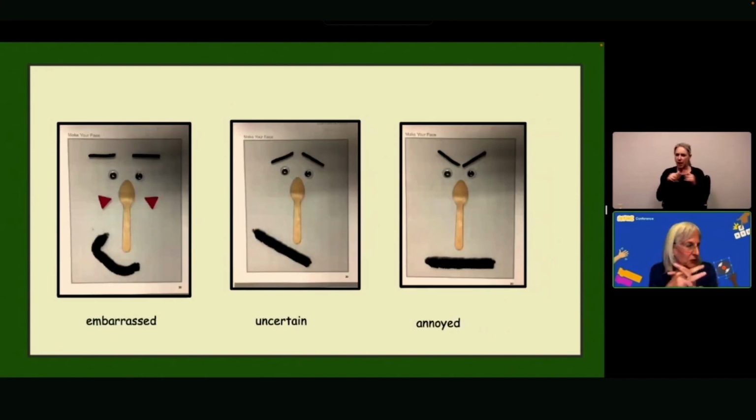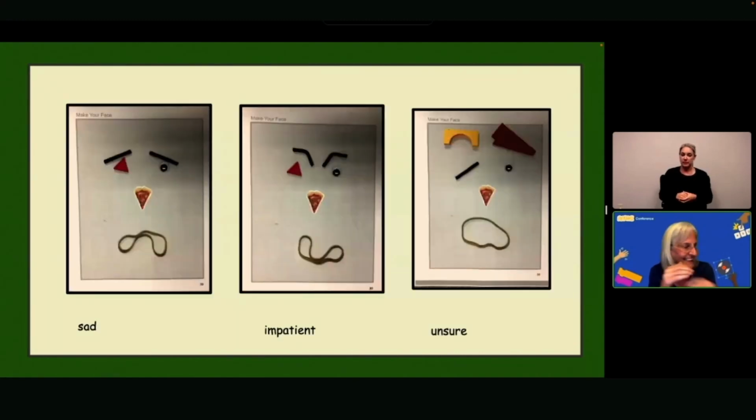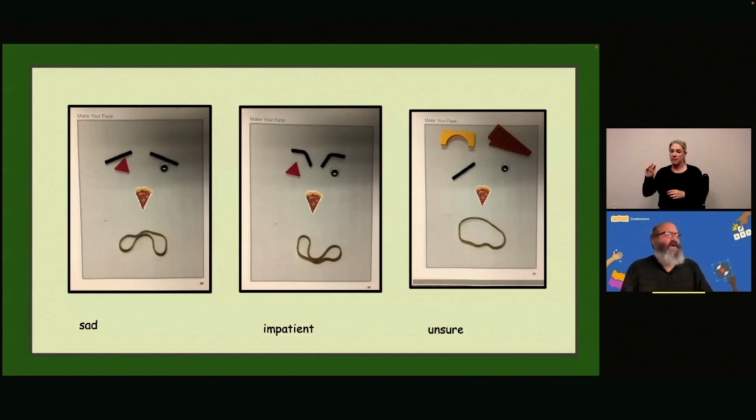And just really good to learn, connecting that vocabulary. Embarrassed, uncertain, annoyed. Rubber bands work great. Students really love the rubber bands. I love the impatient one. And also this one using stickers too, I think was a nice addition here.